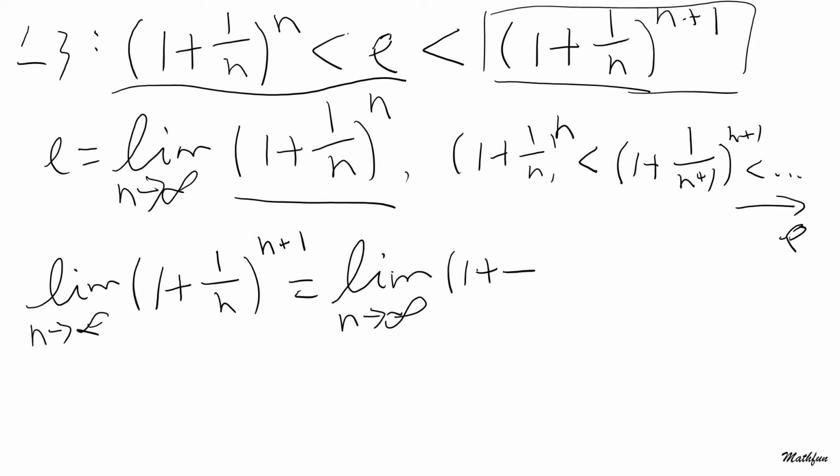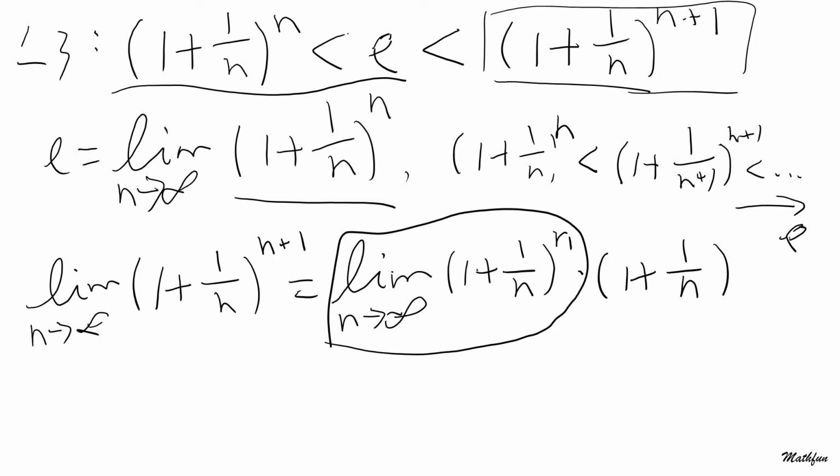1 plus the reciprocal of n, to the power of n, and with times just 1 plus the reciprocal of n. Now, this part has a limit. We know that this is e, and that one has limit, obviously, that is 1.